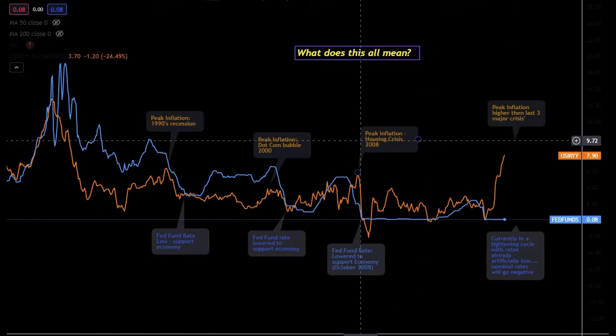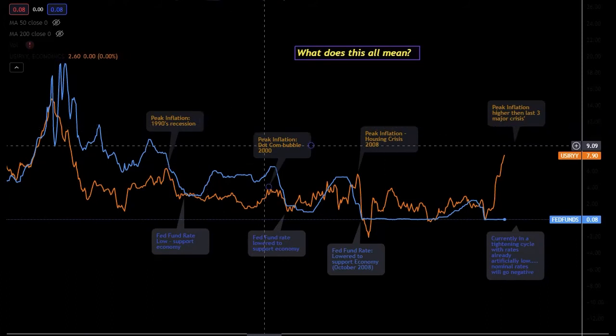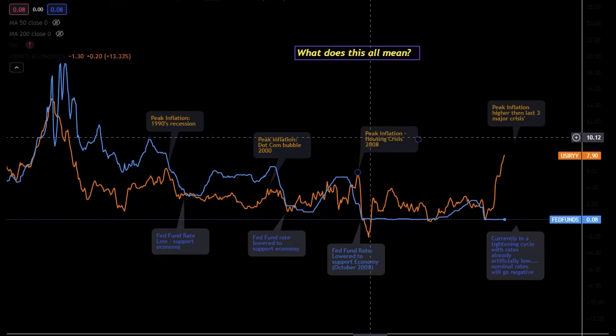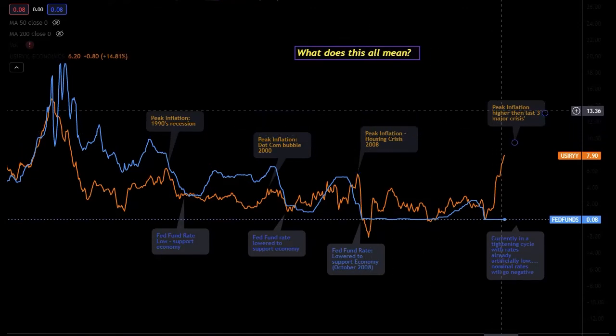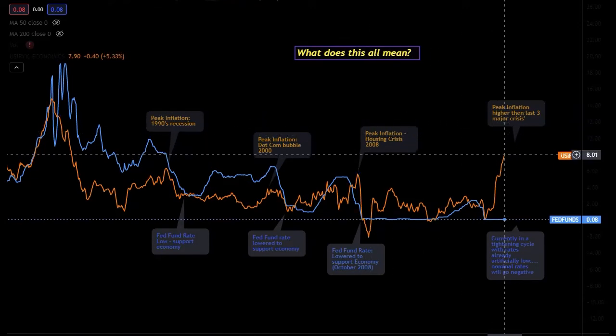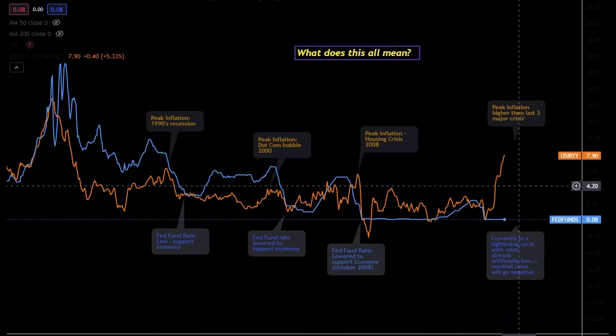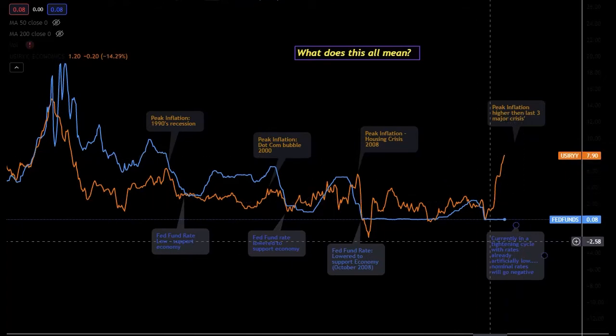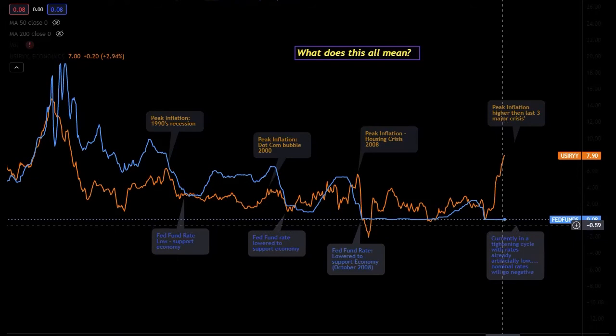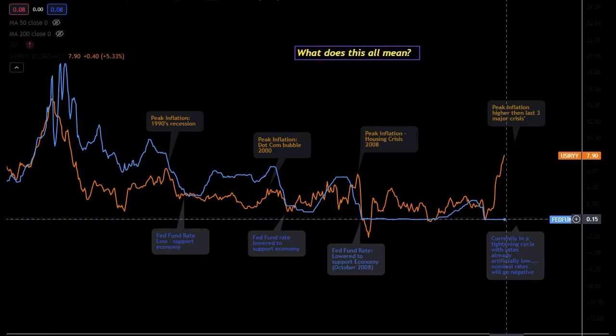And notice, taking the last three crises, when you had peak inflation, a recession occurred, the dot-com bubble occurred, the housing crisis occurred. Well, here again, it looks like we're approaching peak inflation. Yet we don't know what the catalyst is going to be. The Fed fund rate is already at the zero bound mark, with the Fed currently tightening policy, potentially into a crisis.